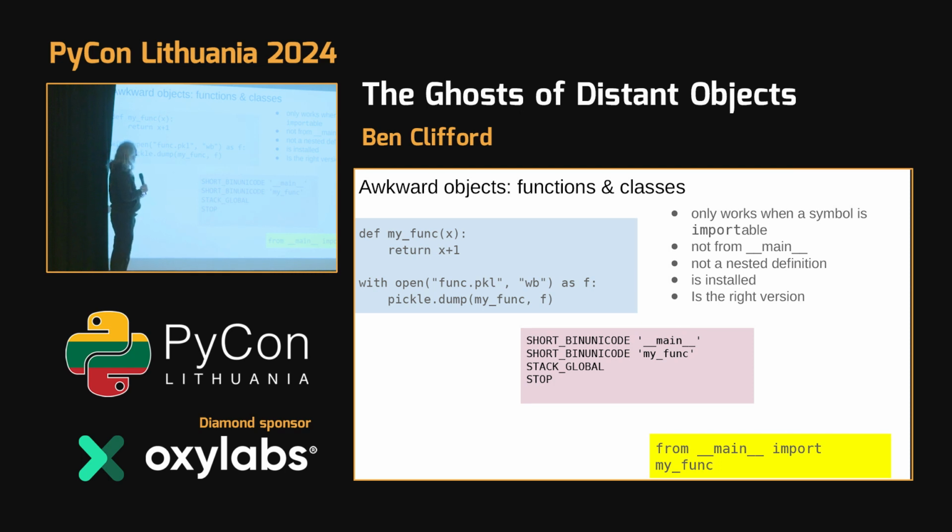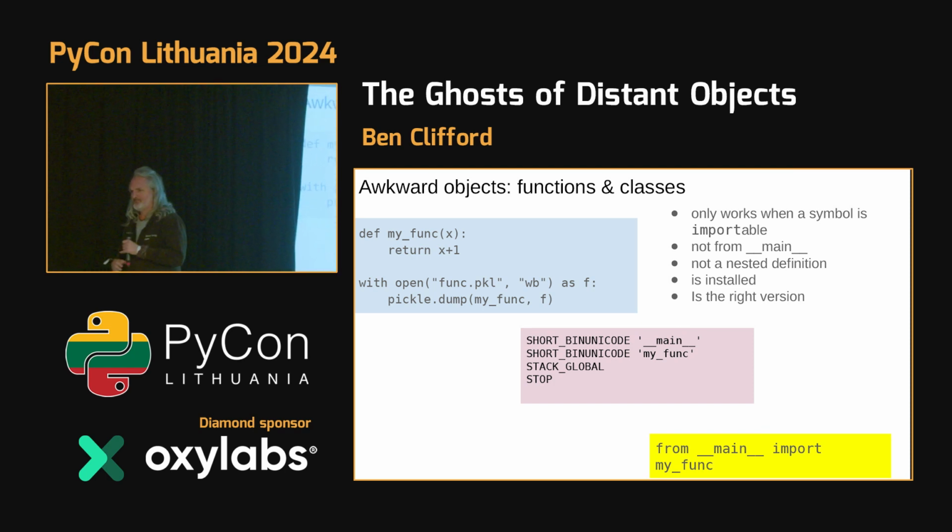And if you do it in your main script, well, the module that lives in is called __main__. And if you unpickle in a different program, that probably doesn't have that definition. So basically, you can pickle functions from a library and not from anywhere else.